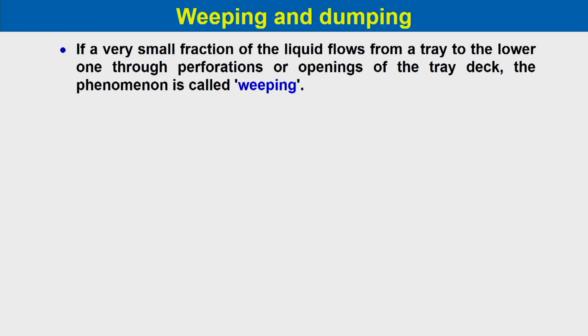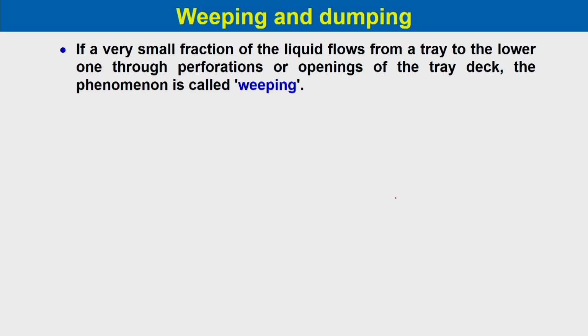Weeping and dumping. If a very small fraction of the liquid flows from a tray to the lower one through perforations or openings of the tray deck, the phenomenon is called weeping. So, the liquid usually has to flow through the downcomer.